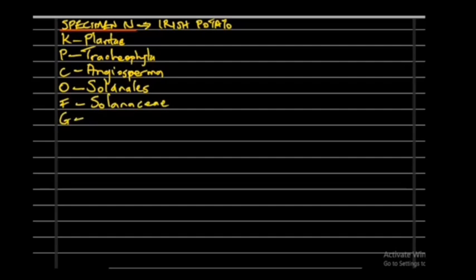The genus is called Solanum, and the species is called tuberosum.